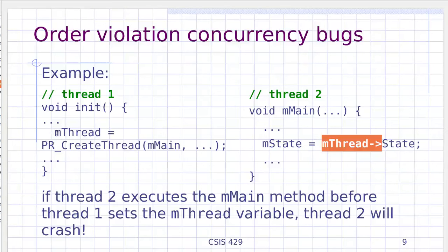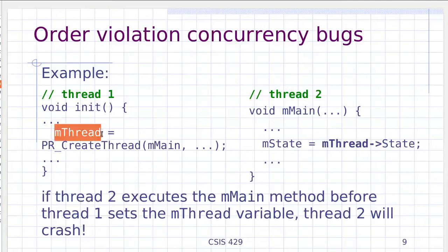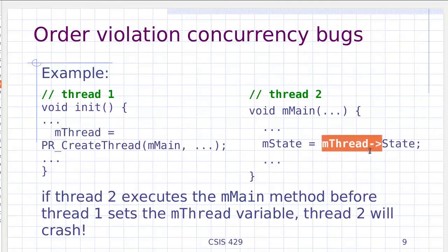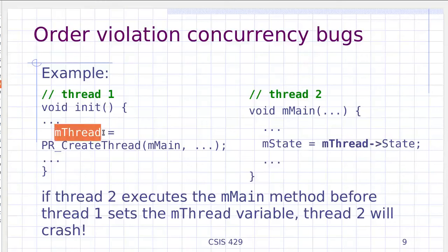So the bottom line is that you're trying to set this here, but we're trying to use it over here. So if thread 2 executes this mmain function before thread 1 executes its code to set the same variable mthread, then this dereferencing will cause thread 2 to crash and maybe the whole program to crash.